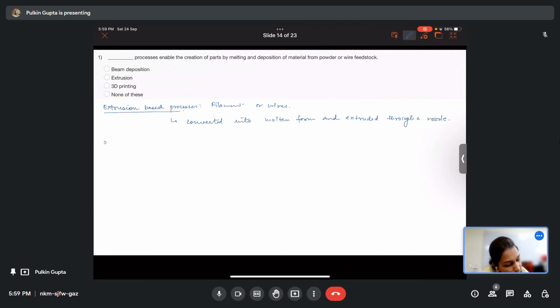And in 3D printing, we use ink based forms, okay, which are deposited in the form of droplets. And in beam deposition, we use both powder or wire, which then interacts with the laser and melts. So the correct answer is beam deposition.